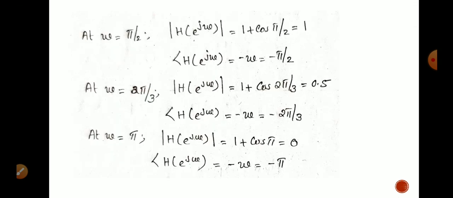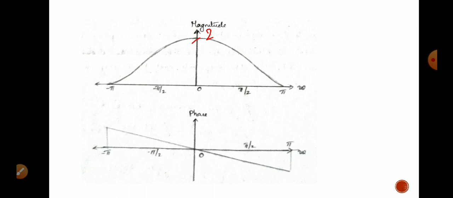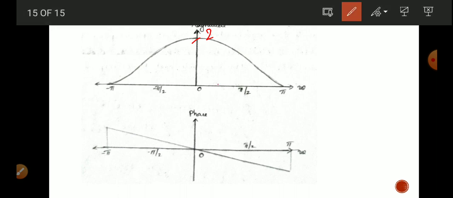At omega equal to pi by 4, which lies between 0 and pi by 2, the value is 1.707. At omega equal to pi by 2, we take the value as 1. And at omega equal to pi, we have the value of 0.